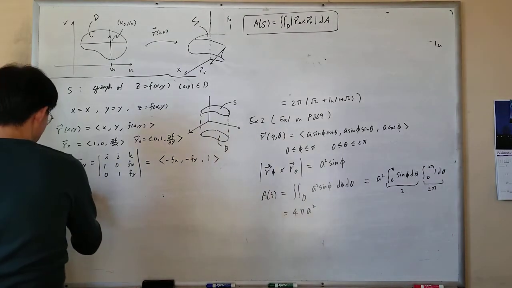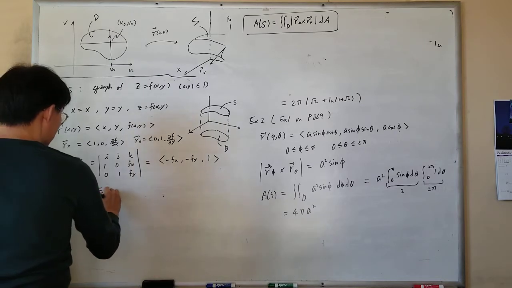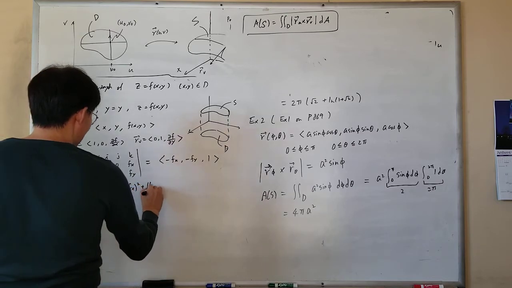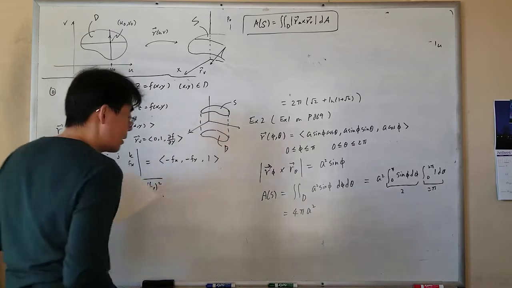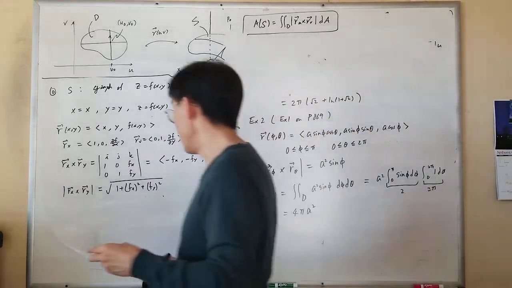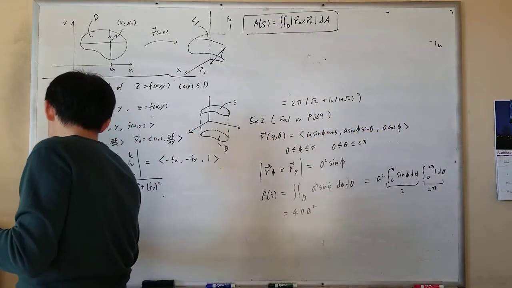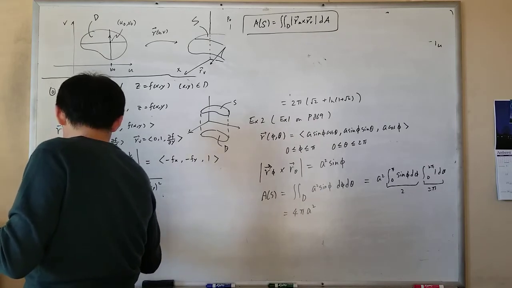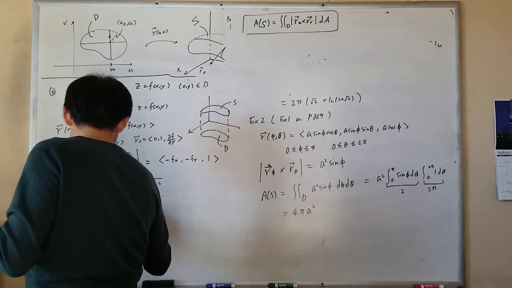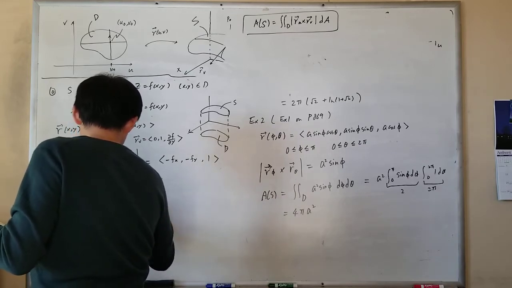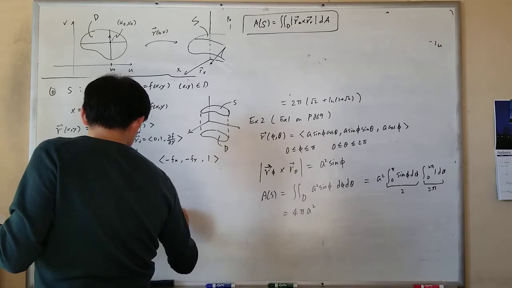So the magnitude of this is the square root of 1 plus f sub x squared plus f sub y squared. That's why the area of the surface is the double integral of the square root of 1 plus f sub x squared plus f sub y squared dA.